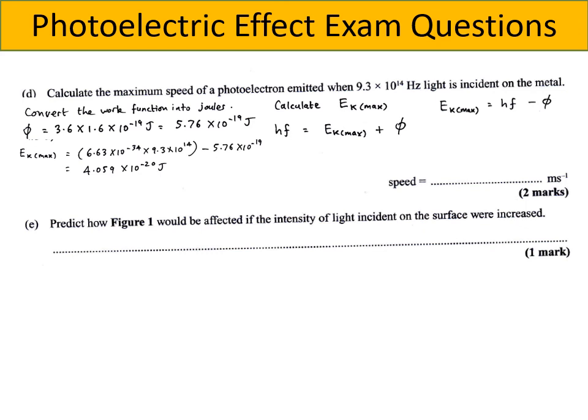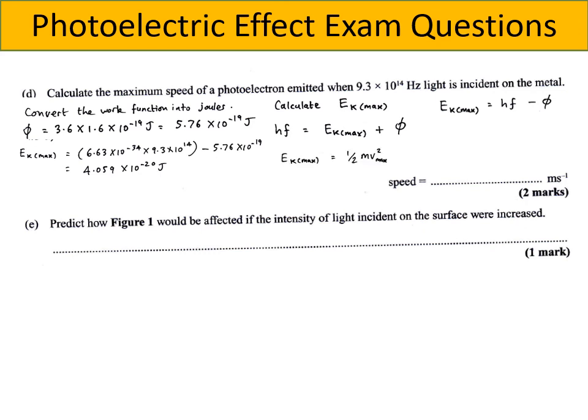Plugging in the numbers, EK max is equal to 6.63 times 10 to the power minus 34 times 9.3 times 10 to the power 14. Multiply those out together and then take away 5.76 times 10 to the power minus 19, which is the work function in joules. And that gives us EK max of 4.059 times 10 to the power minus 20 joules.